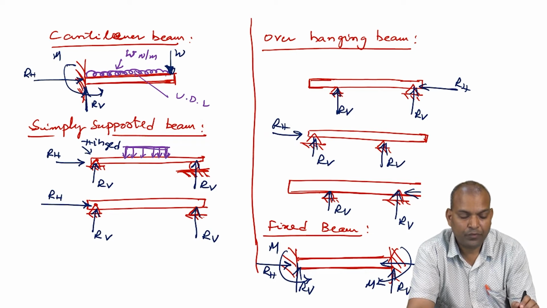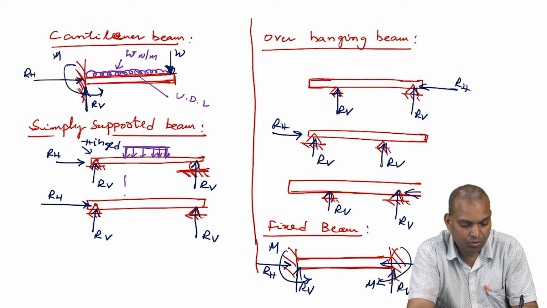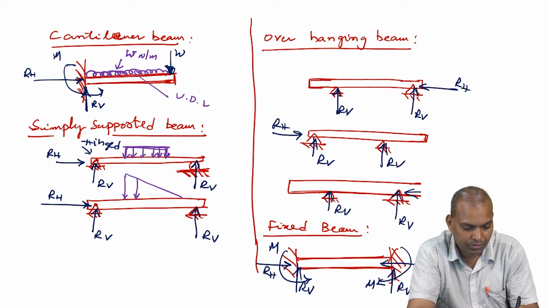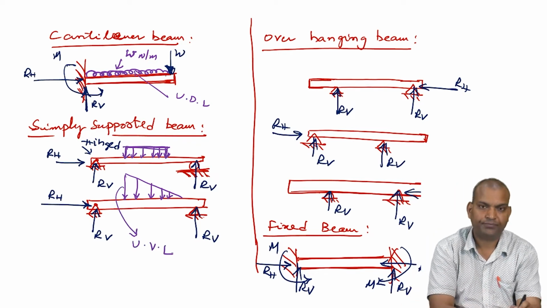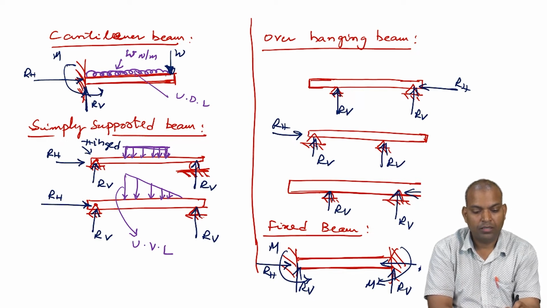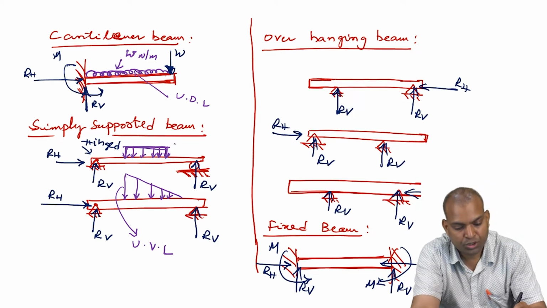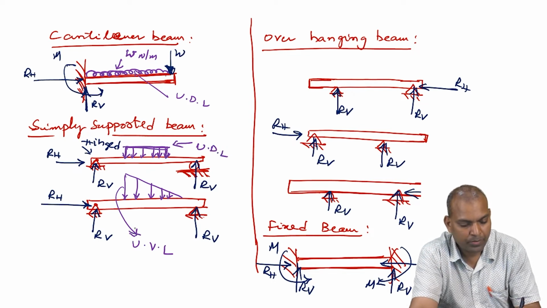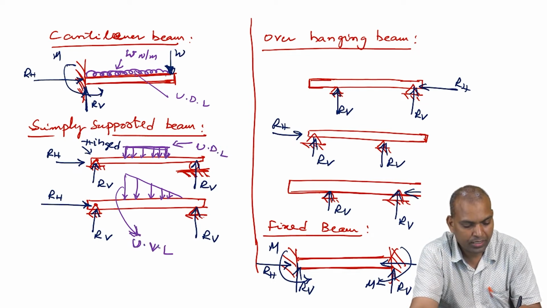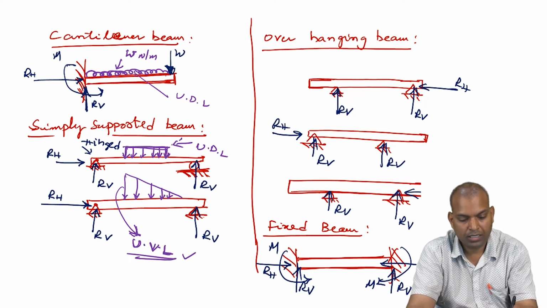Now another type of load is known as the triangular load, the triangular shape downwards. Another name of this load is the uniformly varying load, UVL. This is the uniformly distributed load, UDL. It is a uniformly varying load, UVL. UDL and UVL.